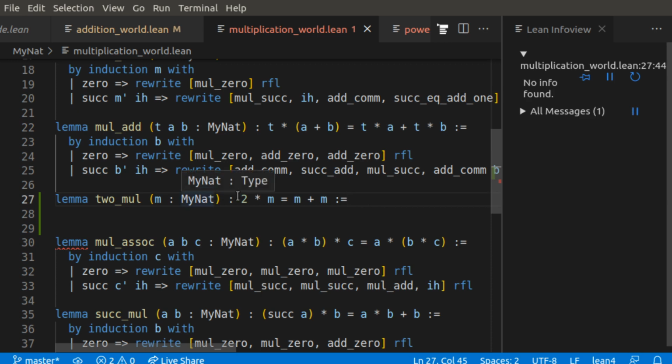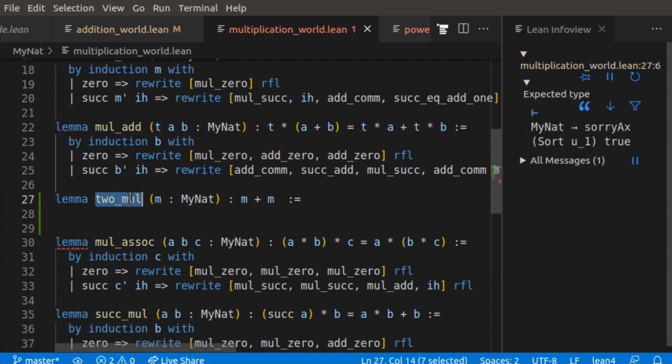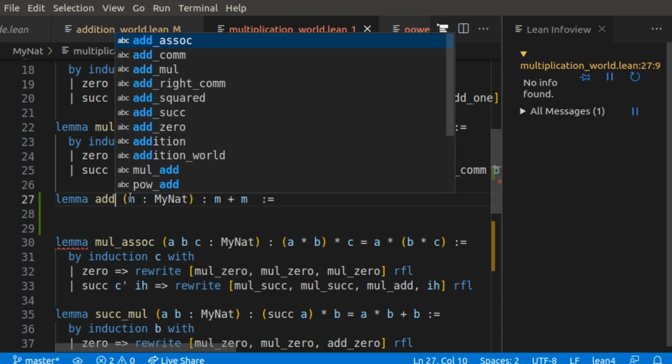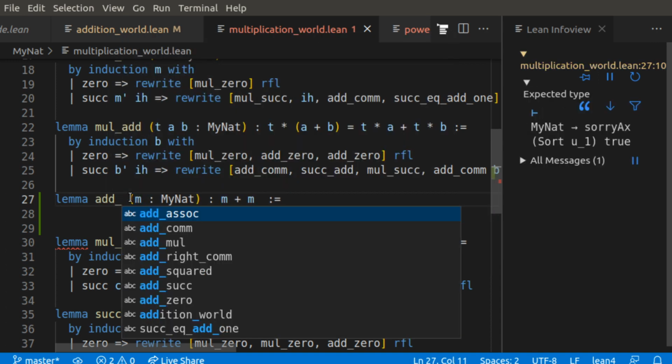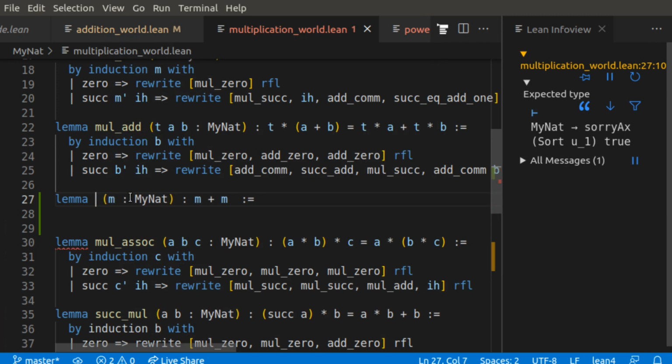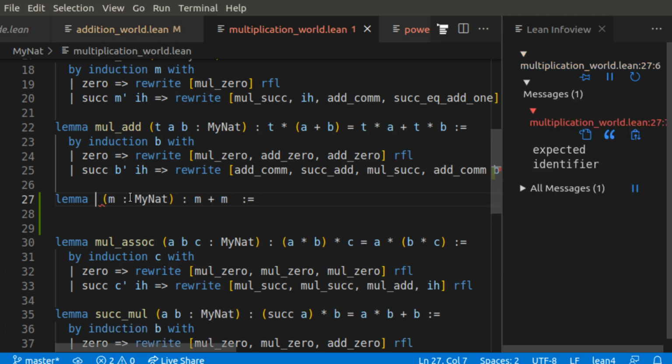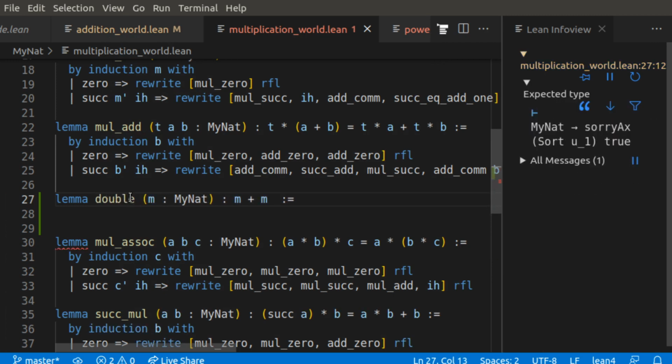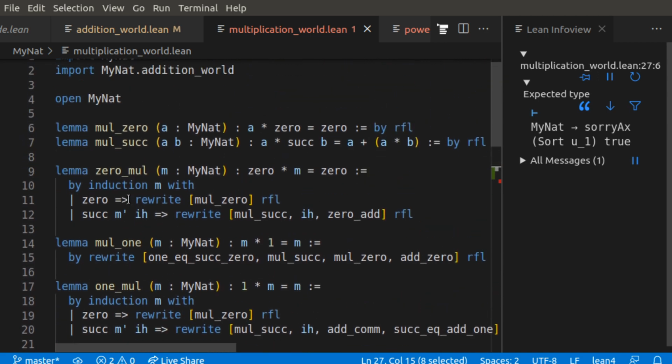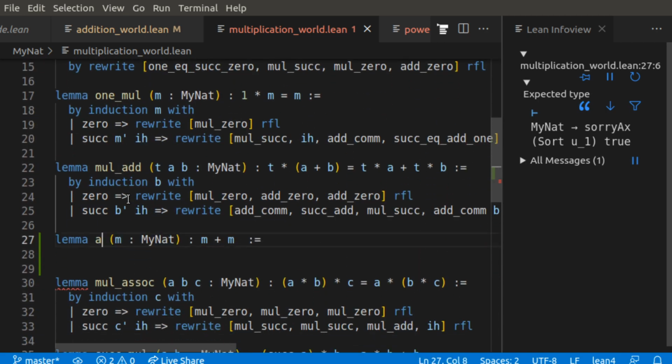So let's actually do it the other way. M plus m. Let's call it add same.